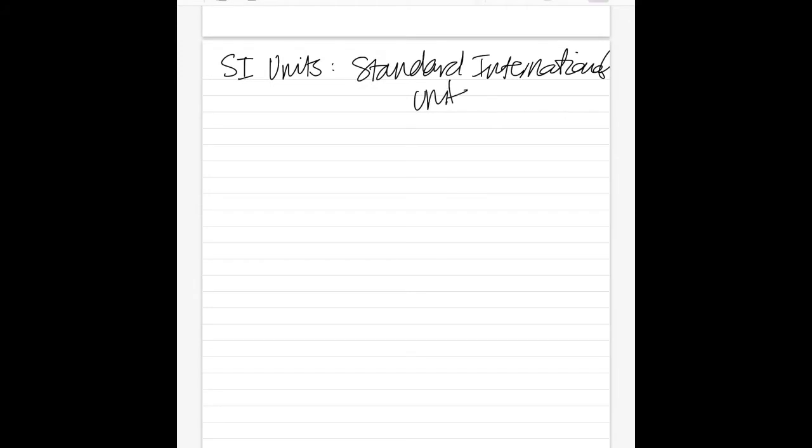These are universal units used throughout the world, and they're especially important in science, because a lot of research goes between countries, to different scientists, maybe to medical doctors. If we can all use one standard system of units, it makes the data we communicate a lot easier to understand.